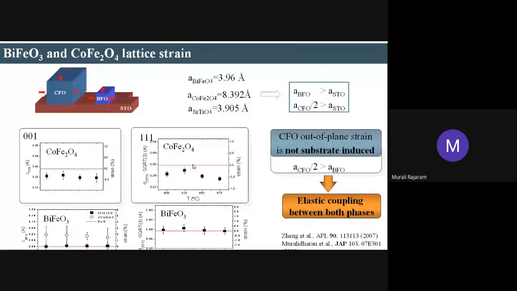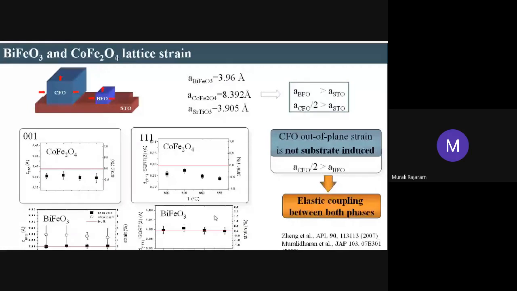If you want to accommodate these two structures in a single phase, these two are elastically coupled, and the bismuth ferrite pulls the cobalt ferrite, and that's why it is compressed. So now we have proved that elastic coupling occurs between these two structures when you grow these together.